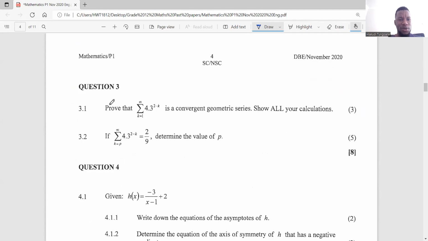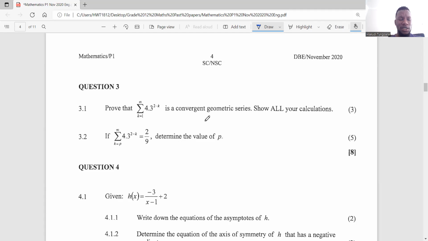They say you're given a sequence, or it's a convergent geometric series. They say prove that it is a convergent geometric series. They already told you it's a geometric series. And remember, in the video we covered what it means for a geometric series to be convergent.